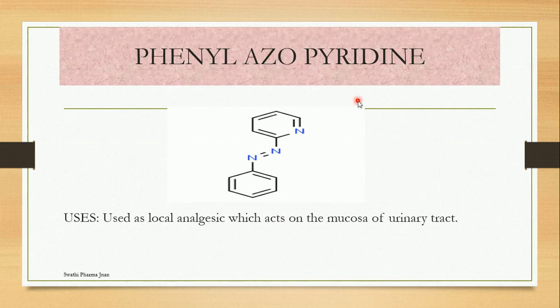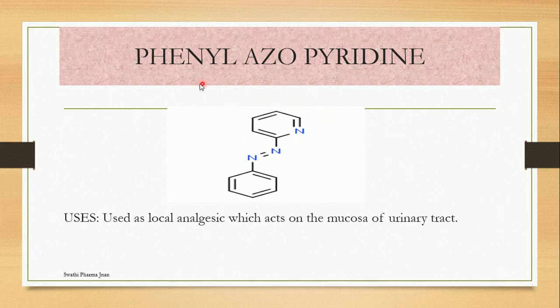Next one is phenazopyridine. It is also a local analgesic drug. Phenyl indicates phenyl group. Azo indicates two nitrogens which are linked with a double bond, that is the azo group, and then a pyridine ring is attached to this azo group. That is phenyl group, azo group in the middle, and pyridine ring, a 6-membered ring containing one nitrogen.